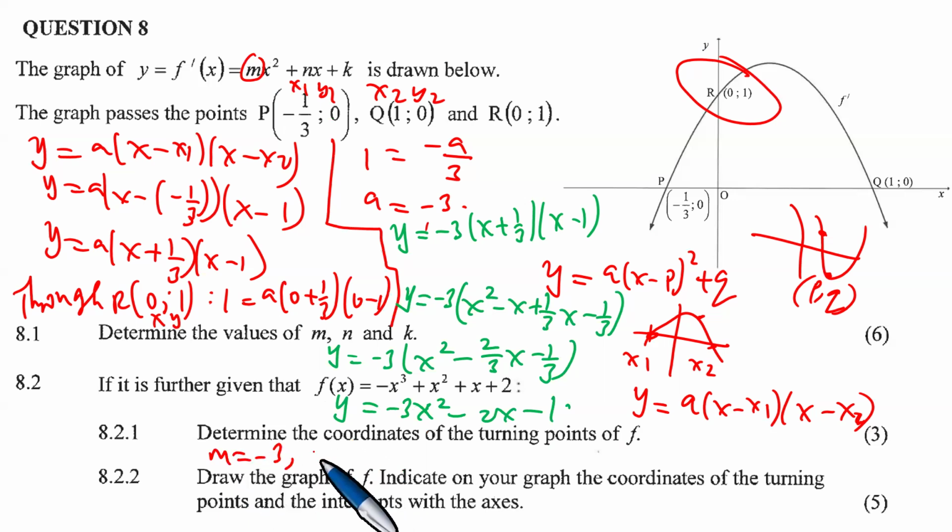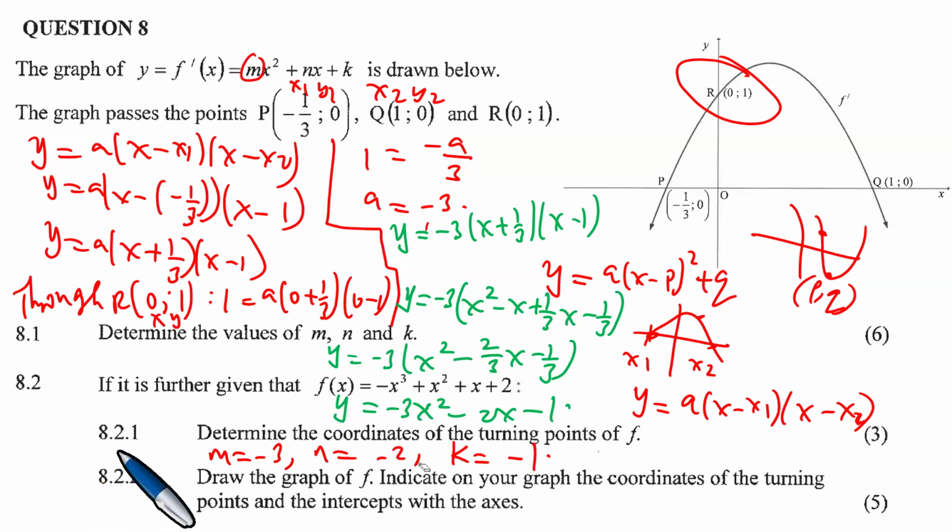M is minus 3, n is minus 2, k is minus 1. So watch the signs here.